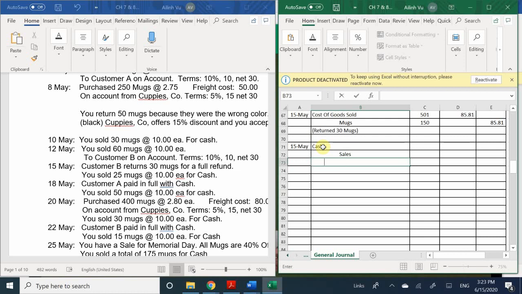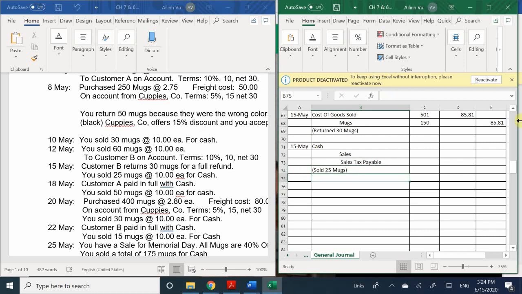Sales and sales tax payable. Yes. Okay, and I'm gonna make sure I indicate here: sold 25 mugs.